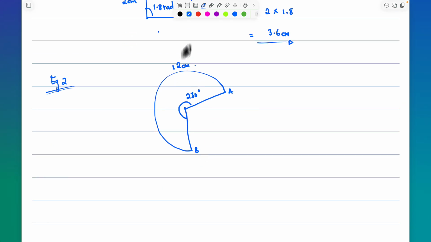Initially you'd probably think the formula is S is equal to R multiplied by theta, but you can't apply this unless your angle is in radians. So in this case, we need to convert our 230 into radians. In the past couple of videos, we did conversions from degrees to radians and radians to degrees.